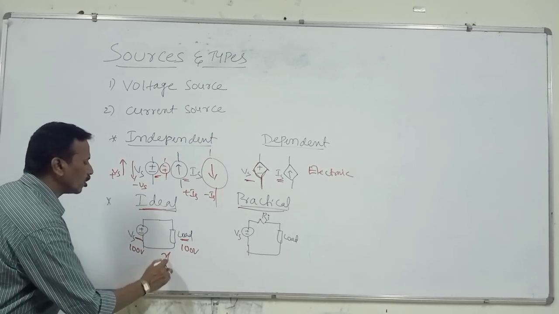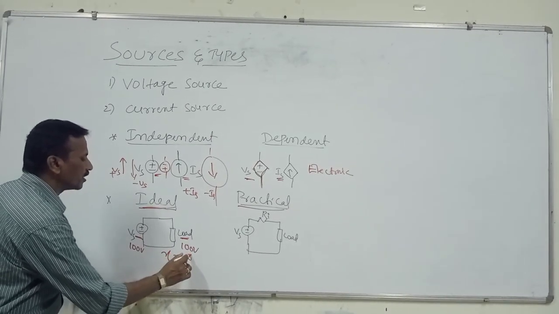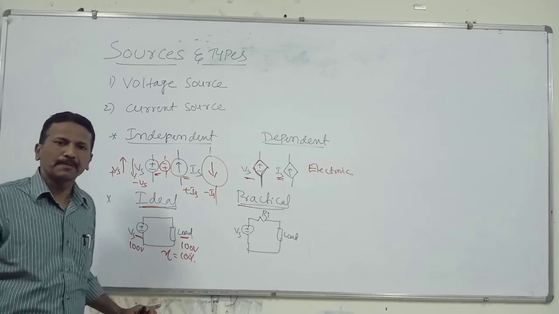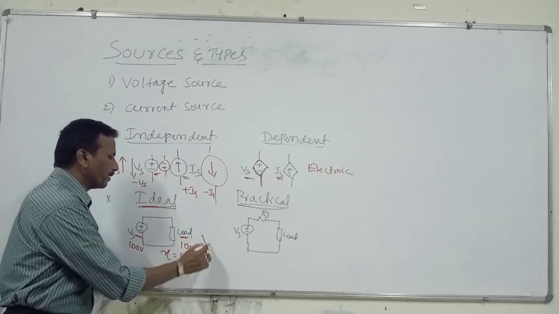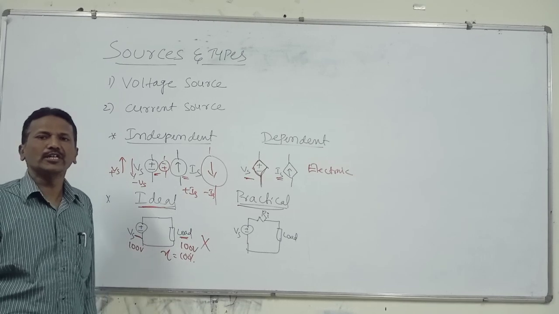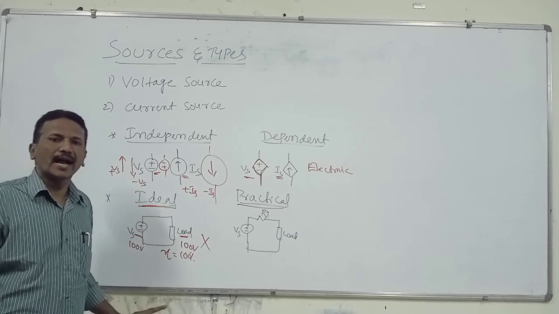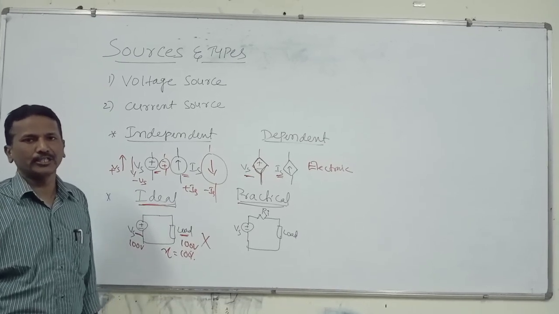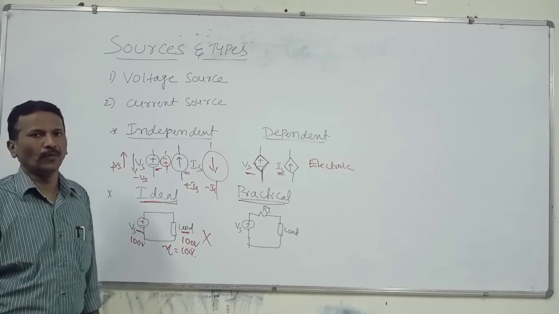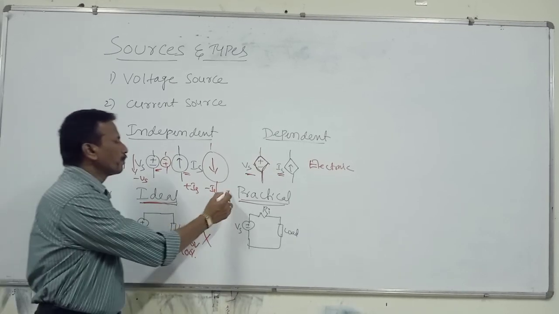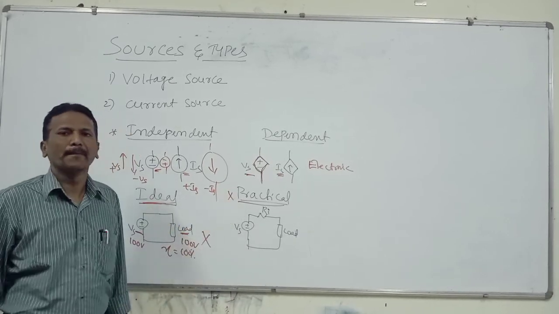Your efficiency is how much here? 100%. But in nature, it never happens. Only on paper we say the sources are ideal sources as well as practical sources. Now, very important: the sources we depend upon are practical sources.